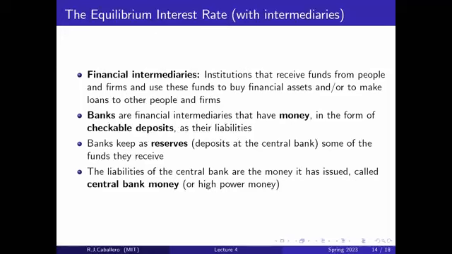So in practice, in the economy I just described, you had households and firms and the central bank. But in practice, there are lots of financial intermediaries. The most prominent of them, especially for monetary policy, are the banks. And there are certain banks that are even more important than others. But banks are financial intermediaries.